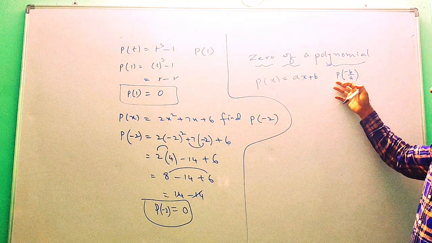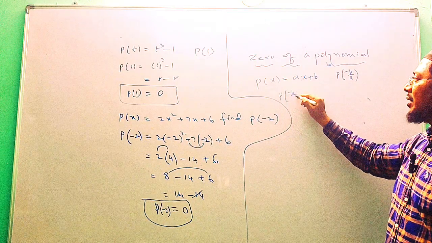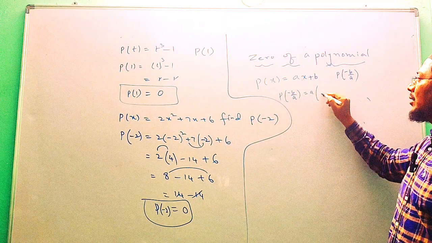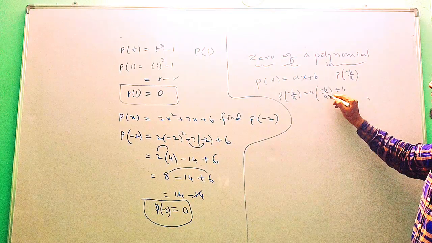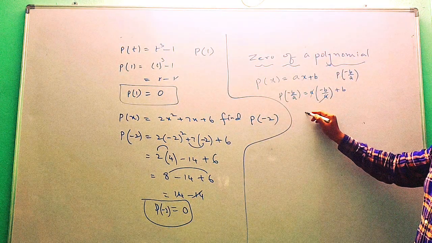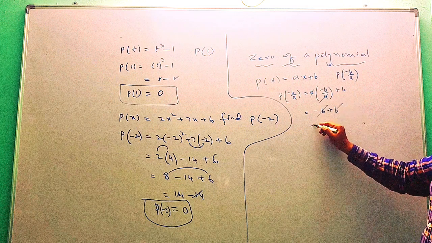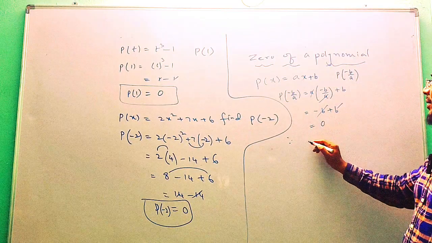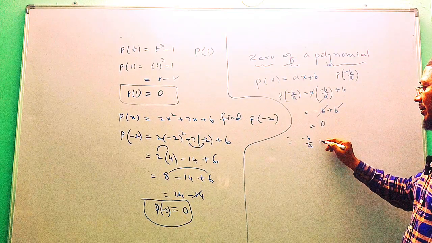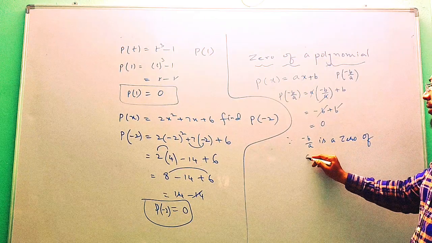We have to find the value of p of minus b by a, which means in place of x we take minus b by a: a into minus b by a plus b. So plus a and minus a cancel, and we have minus b plus b, which cancel, and we get 0. So we can say that p of minus b by a, meaning minus b by a, is a zero of the polynomial.